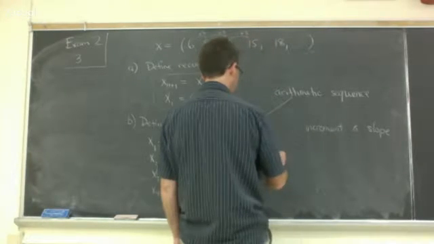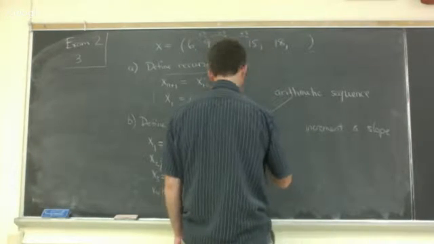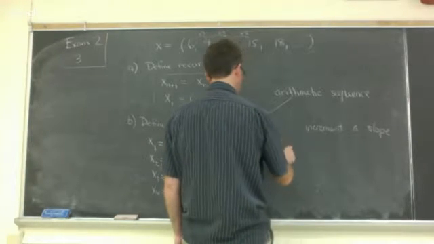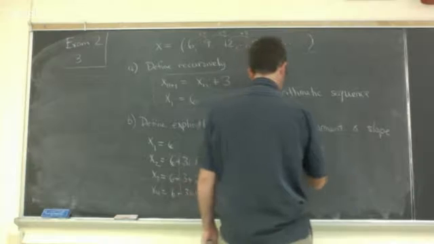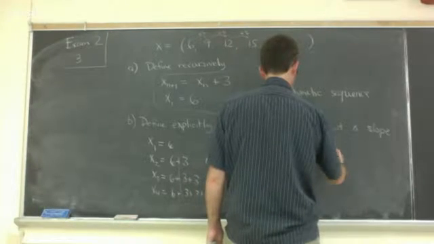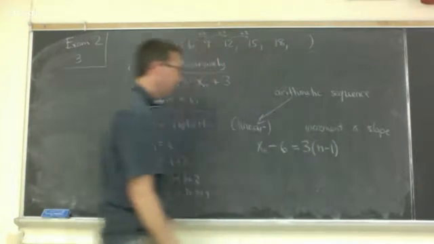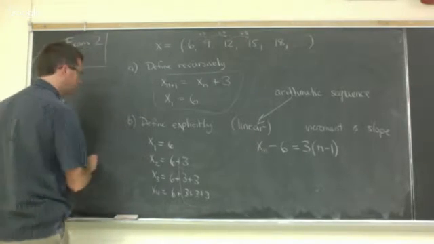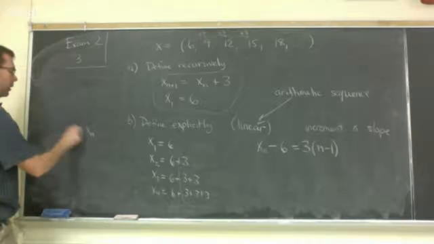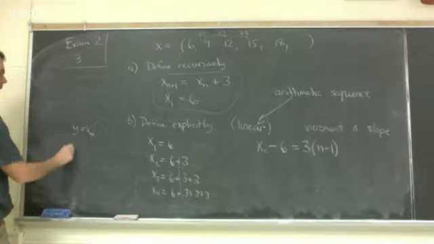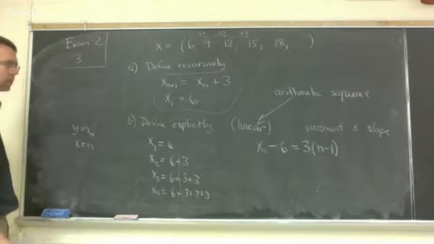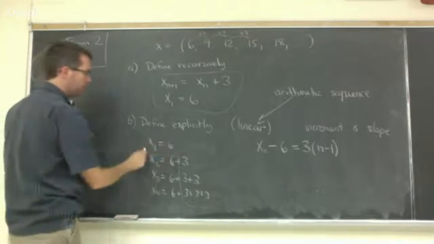So we could write down an equation: xn minus 6 equals the slope times n minus 1. So this is point slope form, where xn plays the role of y and n plays the role of x. So here's a point.